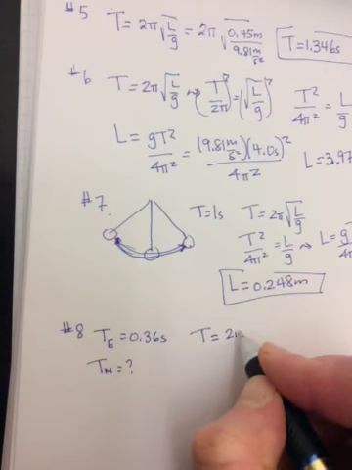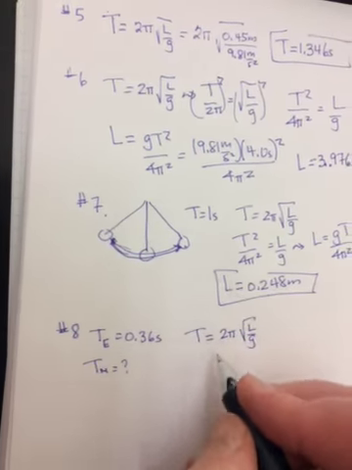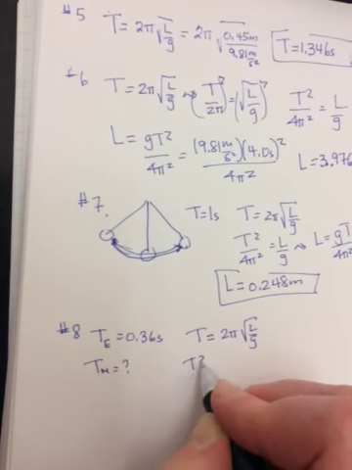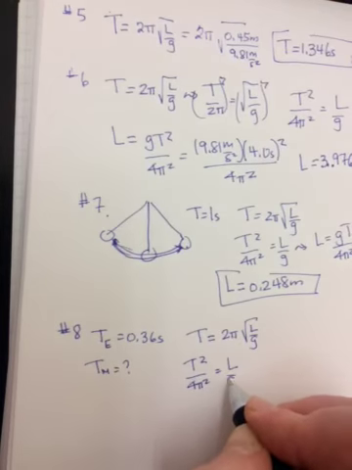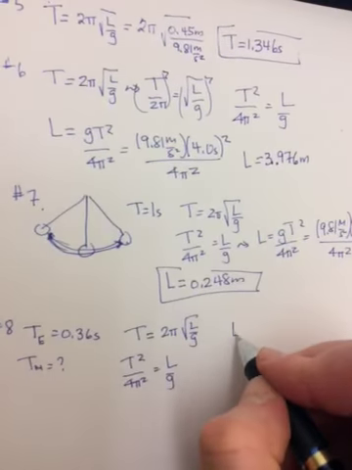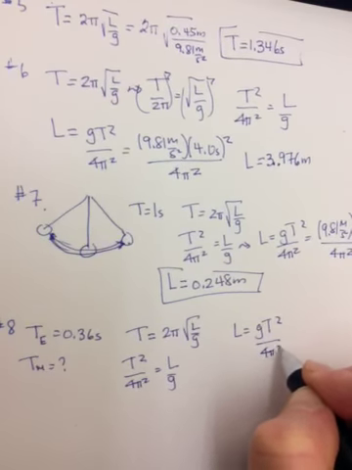Okay, so T equals 2 pi root L over g, and again rearranging like we did up there, T squared over 4 pi squared is equal to L over g. So L is going to equal gT squared over 4 pi squared.